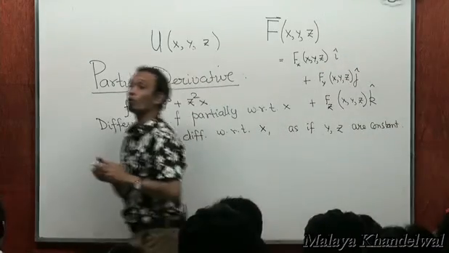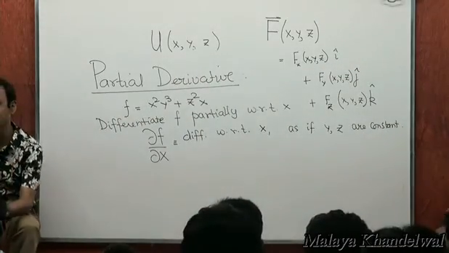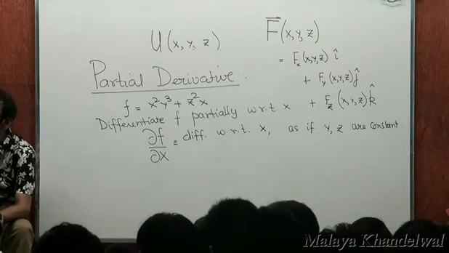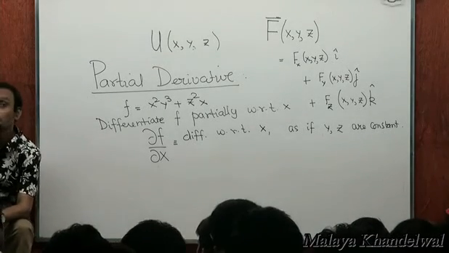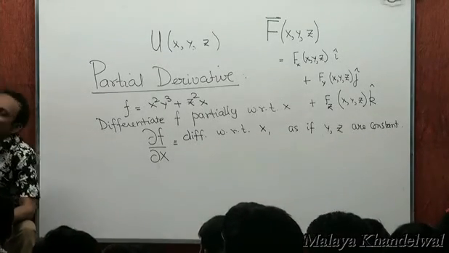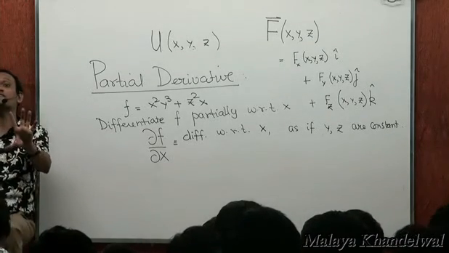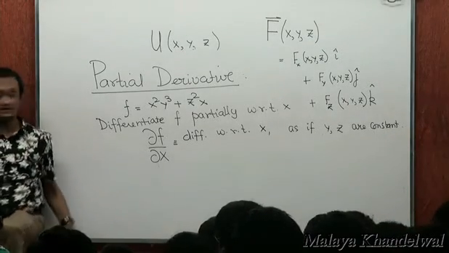That's what is meant by dou f dou x or dou x of f. Differentiate f with respect to x partially means assume that y and z are constants. That's the partial derivative of f with respect to x.